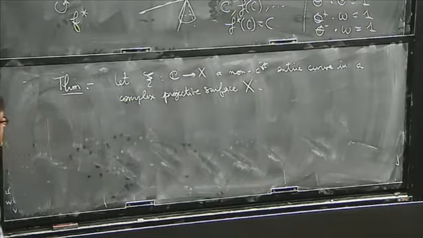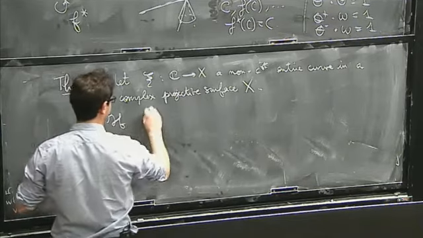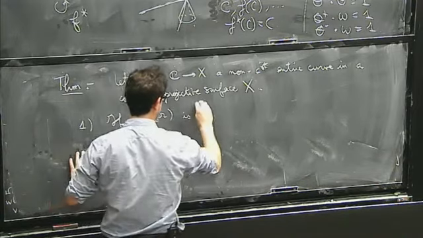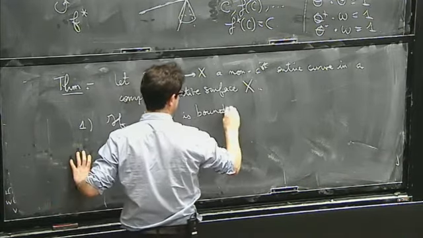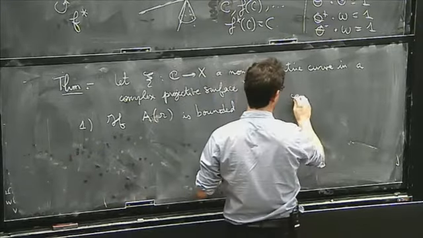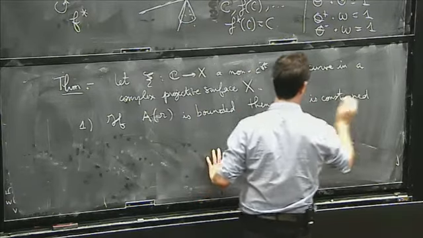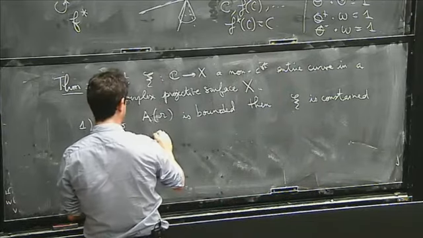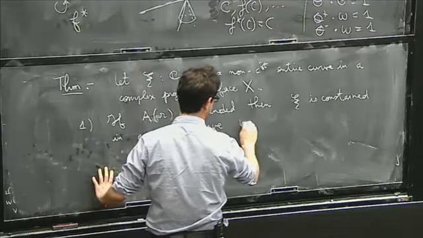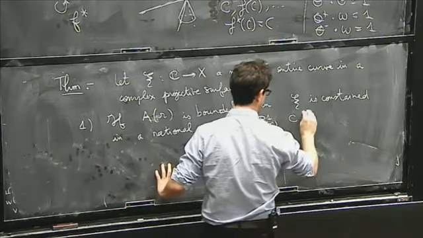Okay, so first, if the area is bounded, then C is contained in a rational curve. So it's a curve which is isomorphic to P1. It may be singular, but next.